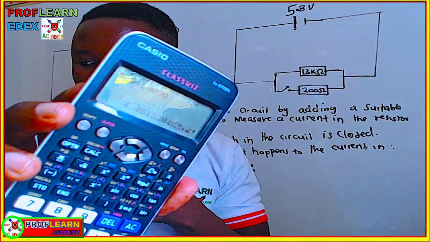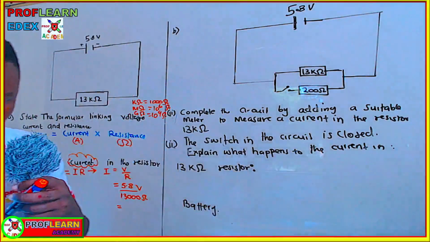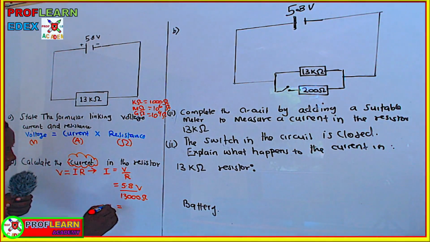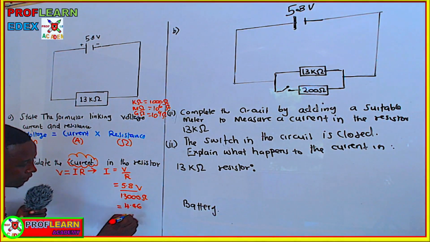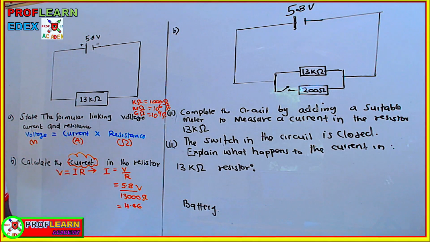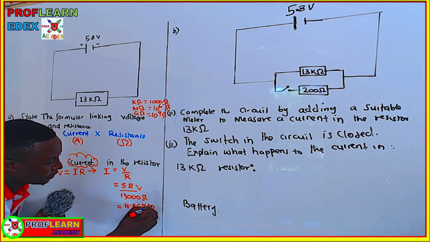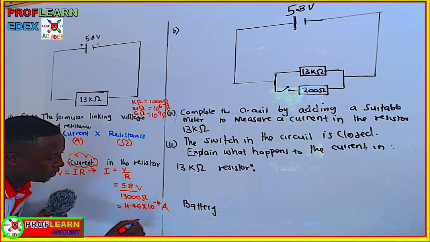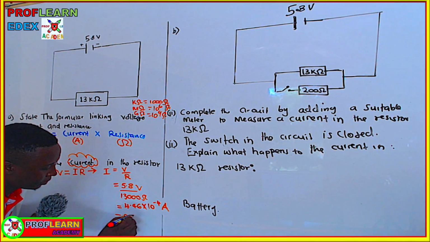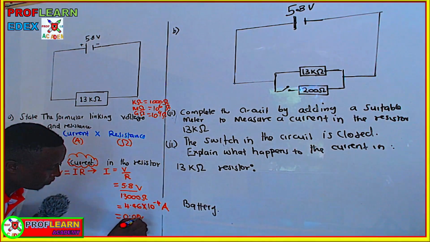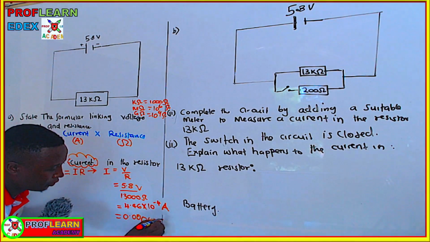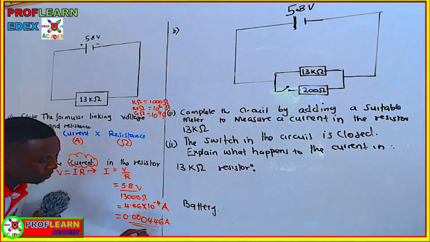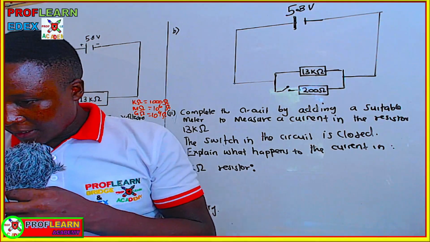We can even write it in standard form, which is going to be 4.46 times 10 raised to negative 4 amperes, which is approximately 0.000446 amperes. We can get it in that form.